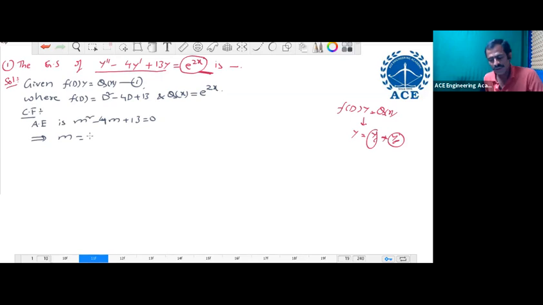It is a quadratic equation. If it is possible to write the factors, we find the factors and write the roots. If it is not possible to find the factors, then use the general formula for writing the roots. After solving this, we get the roots as 2 plus or minus 3i. This is a pair of conjugate complex roots.